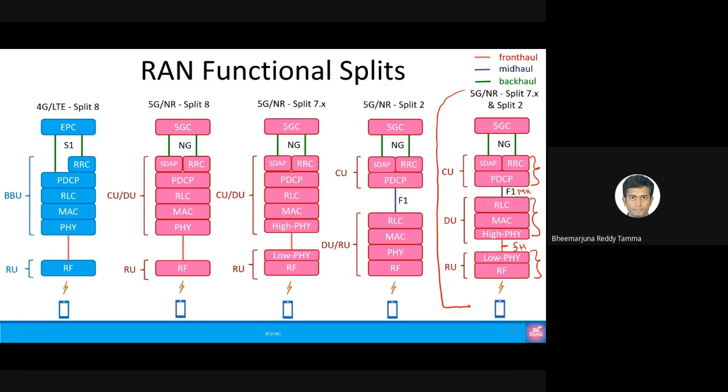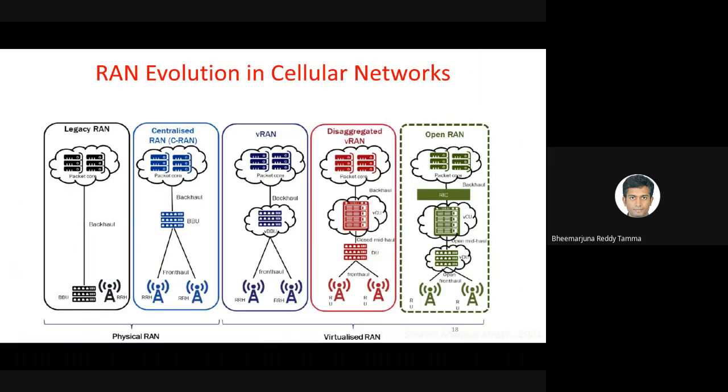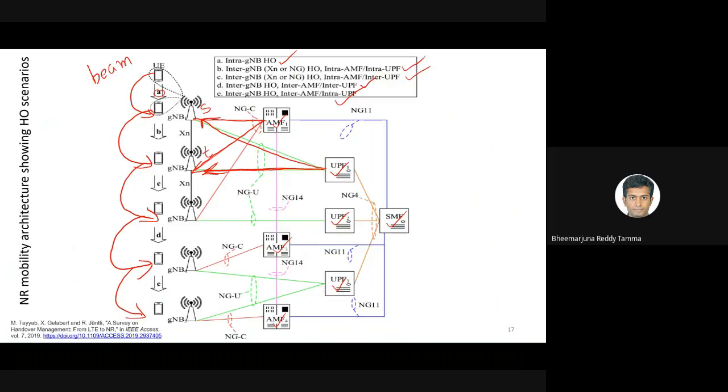It is also possible to connect multiple RUs to the same DU and multiple DUs to the same CU, very similar to the way I'm showing here. Here, what you are seeing is multiple gNodeBs connected with the AMF. But what I want to show is that if I have RUs R1, R2, R3, and R4, and I have D1 and D2, and I have C1, these two can be connected with these two, one configuration.